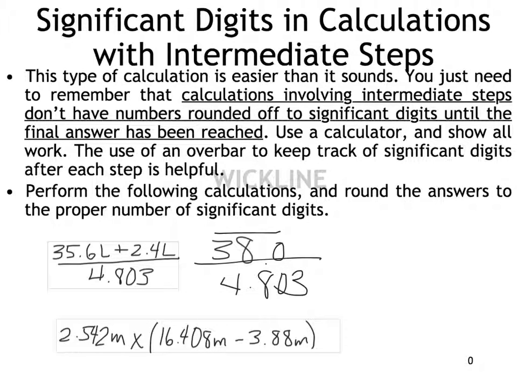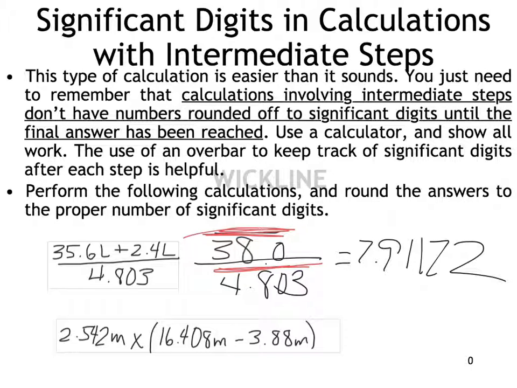So you can just do a division just like normal. And I'm getting 7.91172 and so on and so forth. But we have 3 significant digits there, and we have 4 here. So my answer actually only gets to have 3. It's going to be based on that number, and it's going to be those 3. So I'm going to write my final answer as 7.91 liters.